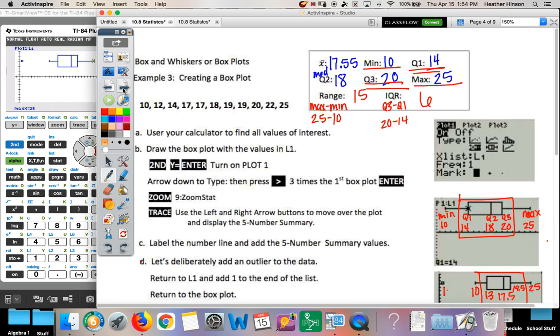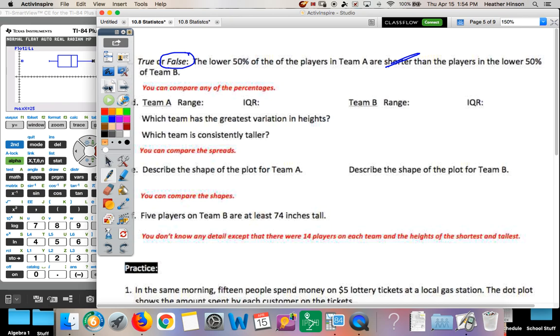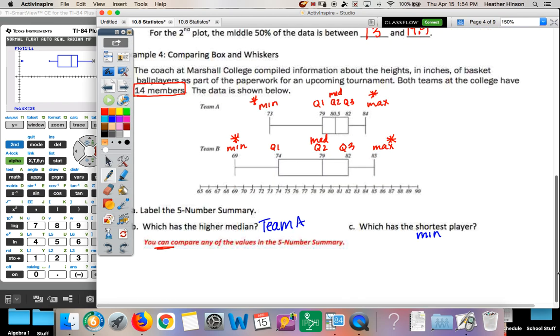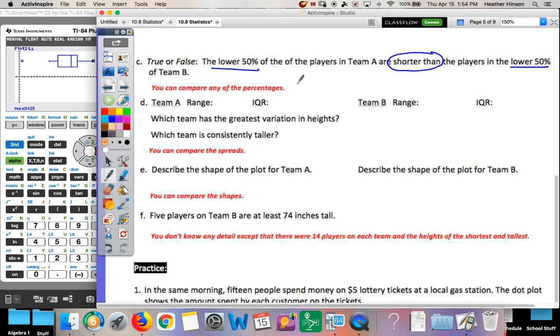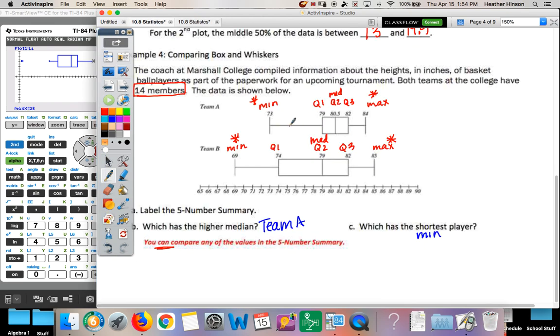We can only compare percentages in increments of 25%. Never like 10 or 15 or 20. It has to be 25%. So 25, 50, 75, and 100. Because that's all we have here. Each one of these is 25%. That's all we know.